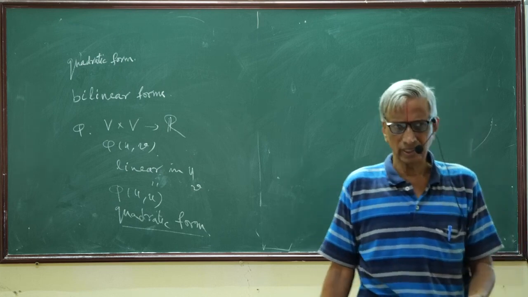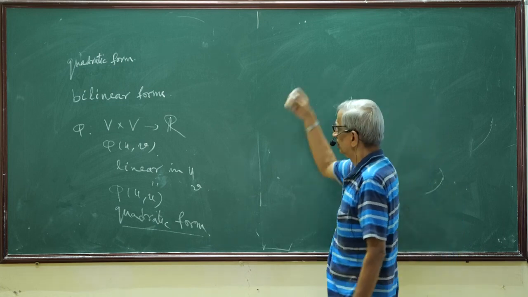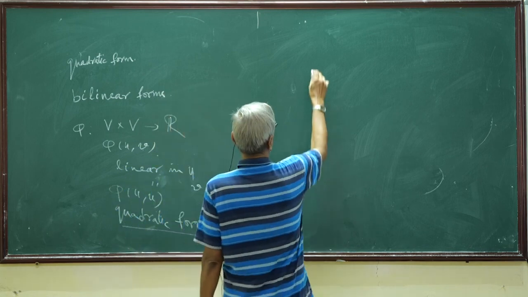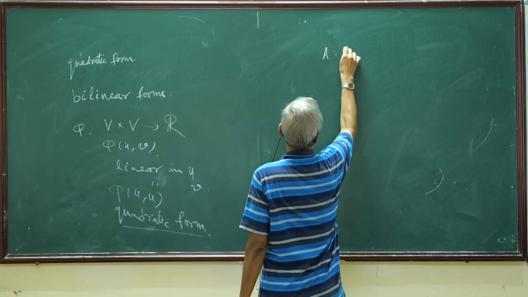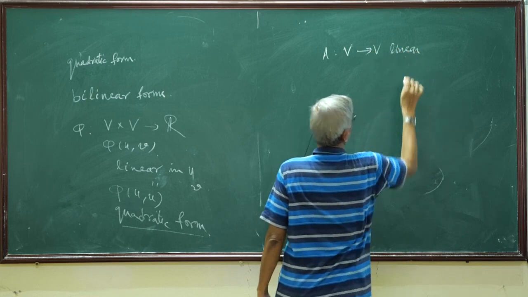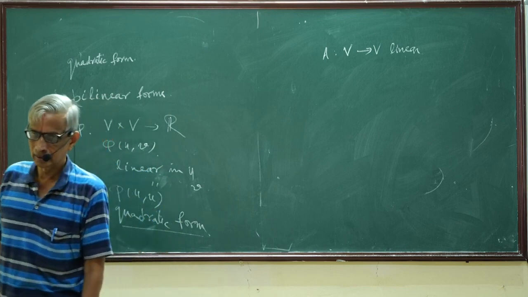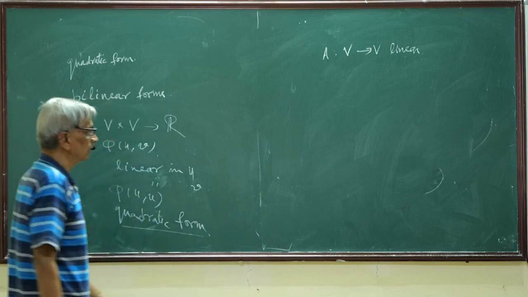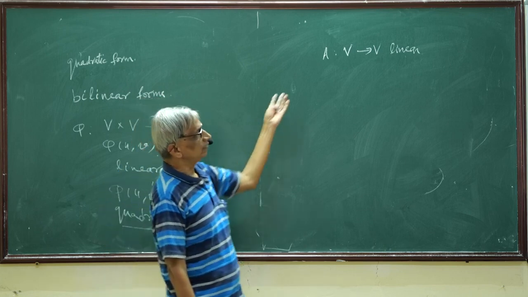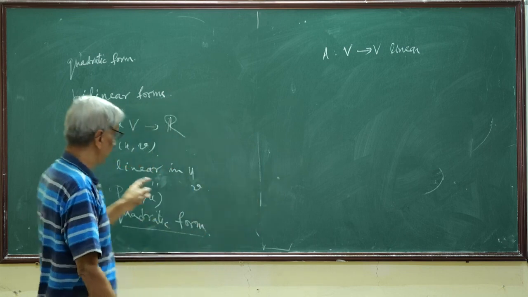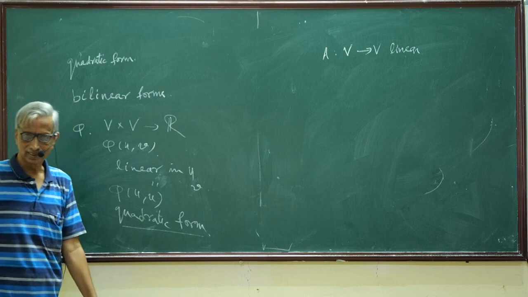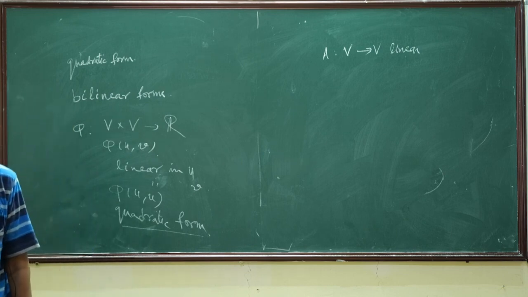So in general, of course, you can take any linear map, for example, A from V to V, linear, and you can even take two linear maps if you want, and put A here, B here. You will still get a bilinear form.